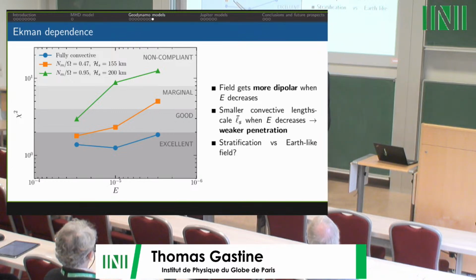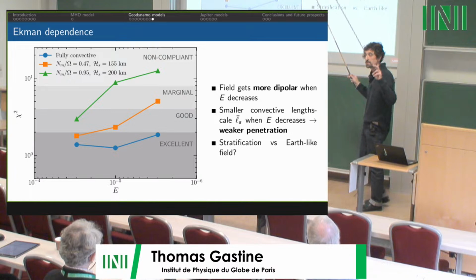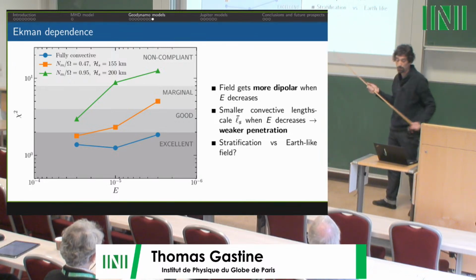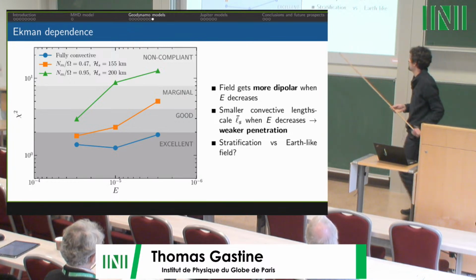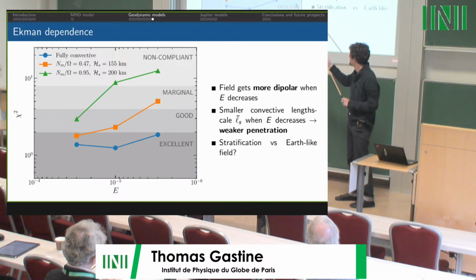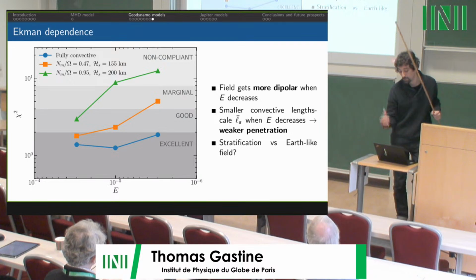But as soon as you decrease the Ekman number, or you move towards a more Earth-like regime, then your cases with stable stratification start to deviate more and more. And so this second plot tells you that from the dynamo modeling perspective, it sounds quite unlikely that you could maintain stable stratification to explain the modern field.